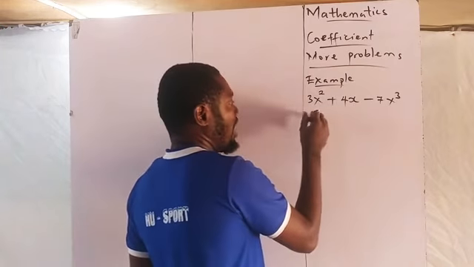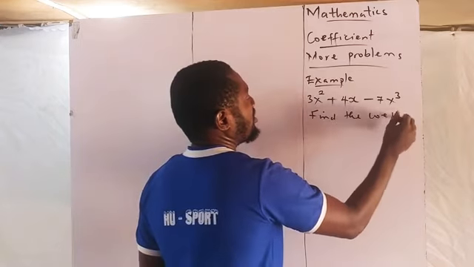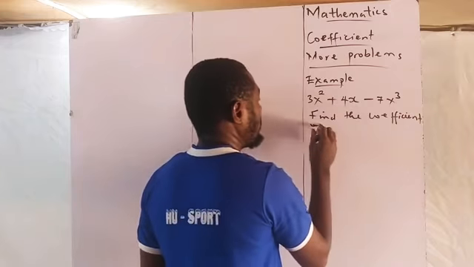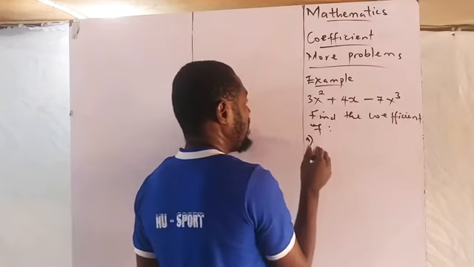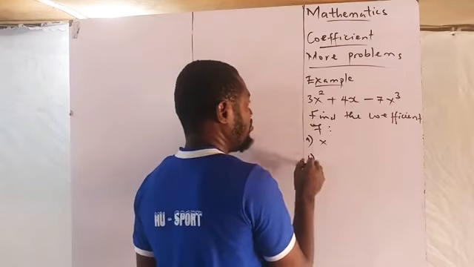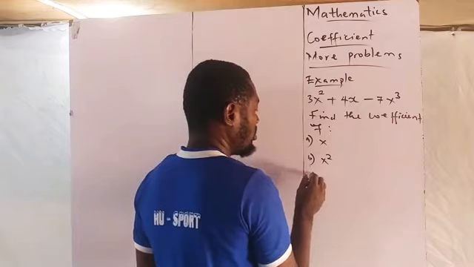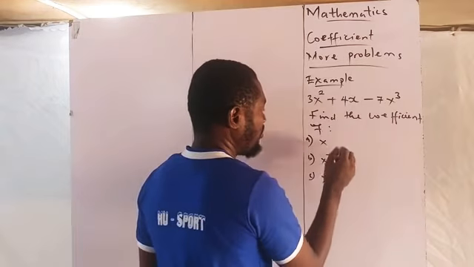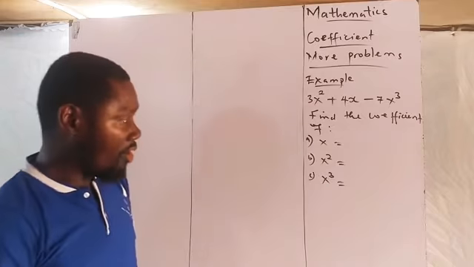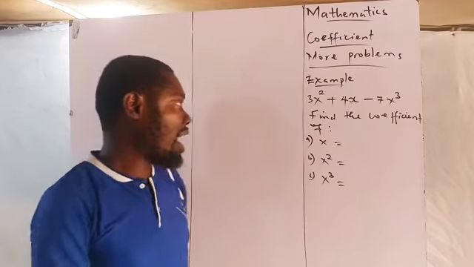You have to find the coefficient of A, x, B, x raised to power 2, C, x raised to power 3. You're asked to write the coefficient of each of these algebraic numbers.